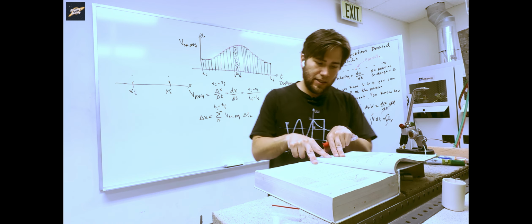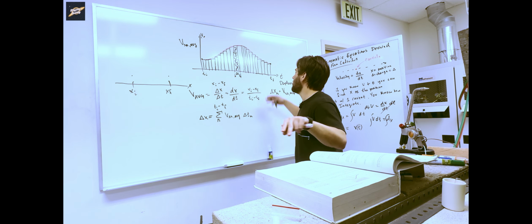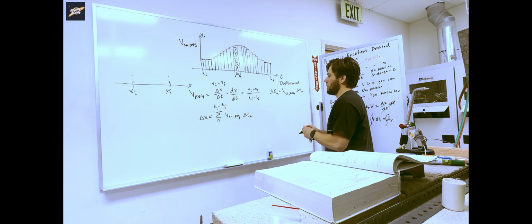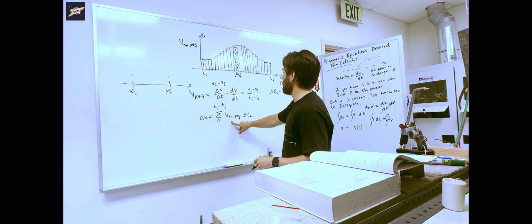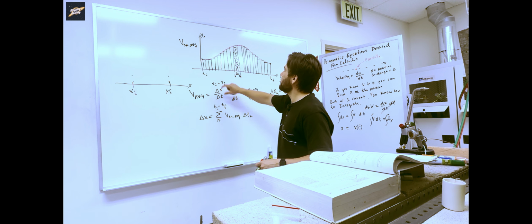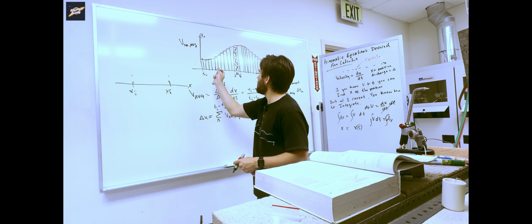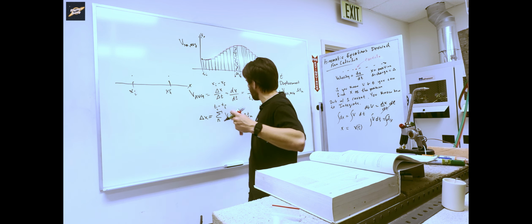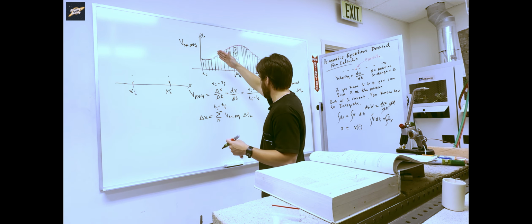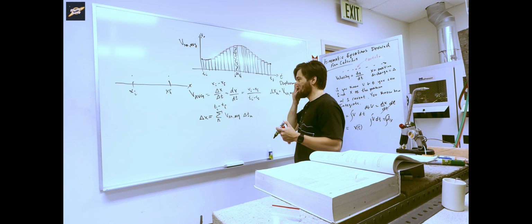So this is the area under the rectangle. Essentially we're multiplying these two together and summing up each one. So we're saying, at this point, what's the change and what's the velocity? We're multiplying those together and adding all of them up.